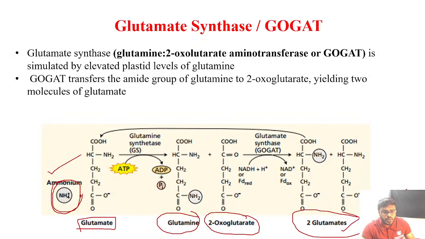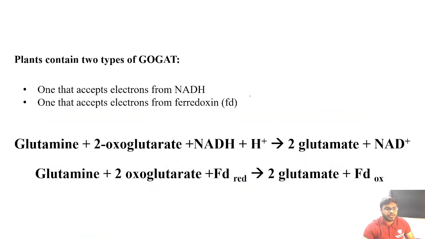As I said to you, the GOGAT will use the electrons from 2 sources. Just remember, GOGAT can accept electrons from NADH, and it can also accept the electrons from the ferredoxin. There's no difference. The equation is entirely the same, friends. The only difference is the electrons.